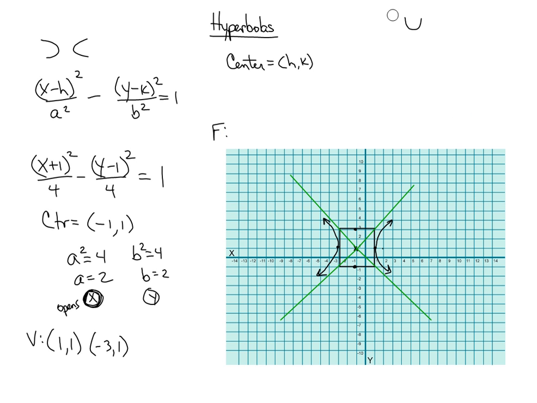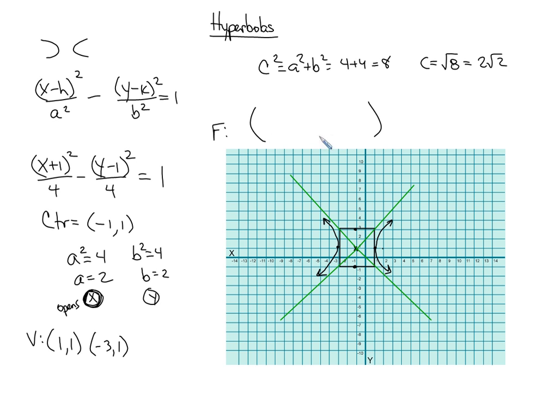So let's look for C. What's the formula for C? So 4 plus 4 is equal to 8, which makes C equal to the square root of 8, which is really what? We have to simplify that. 2 square root of 2. So the focus starts where? Negative 1, 1 is the center.